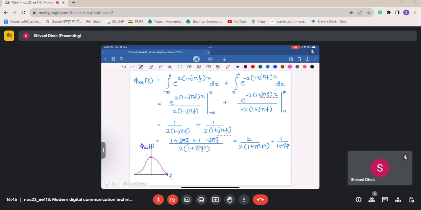Which means that the maximum value or peak is attained at f equal to 0, which implies that phi xx of f max is given as phi xx of 0, which comes out to be equal to 1.